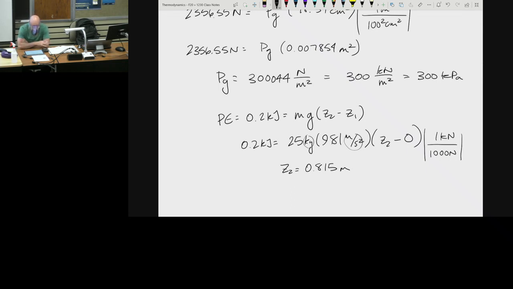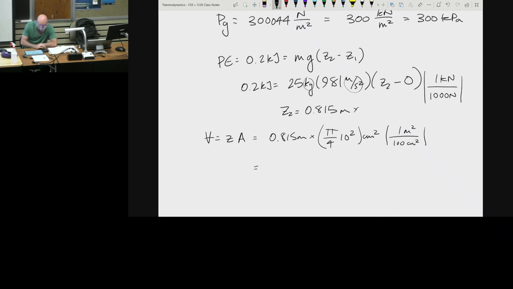Now, our volume is going to be Z times our area, so 0.815 meters times pi over 4 times 10 squared centimeters squared. And again, 100 centimeters squared is 1 meter squared.